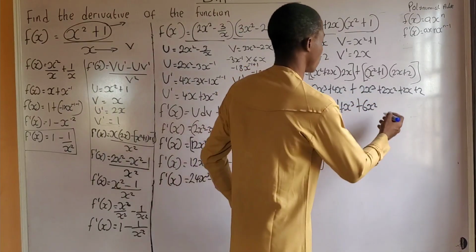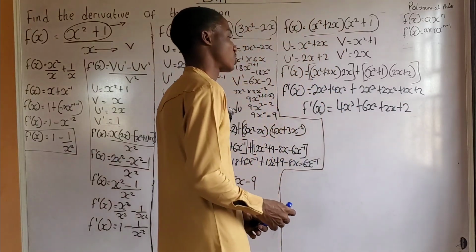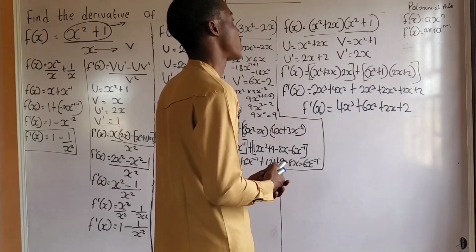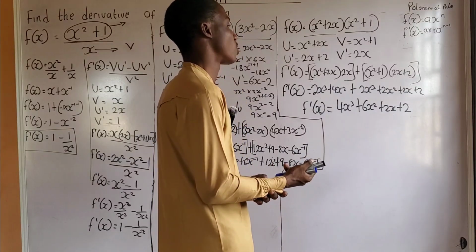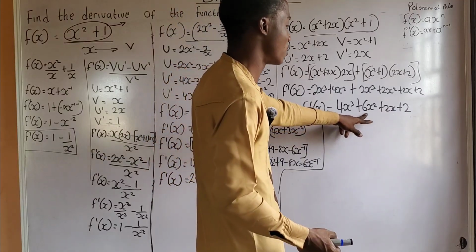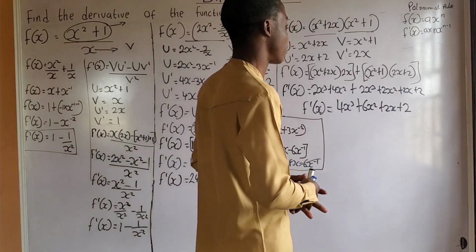Then we are going to have plus 2x here and plus 2. Do you understand? So the derivative of the function f of x equals x squared plus 2x multiplied by x squared plus 1 is 4x cubed plus 6x squared plus 2x plus 2.